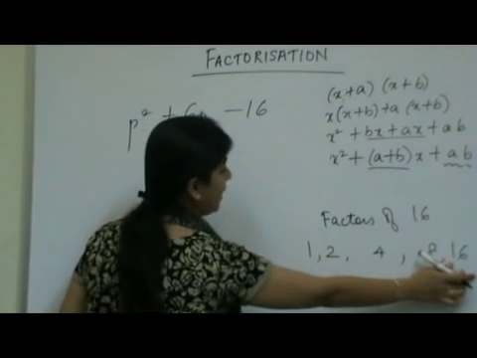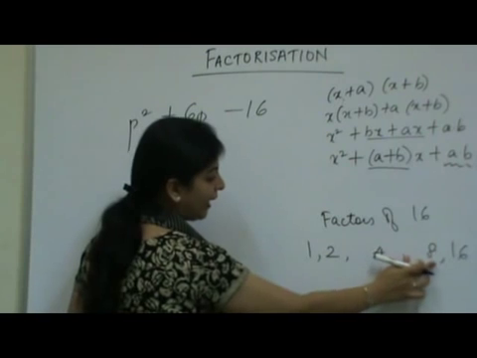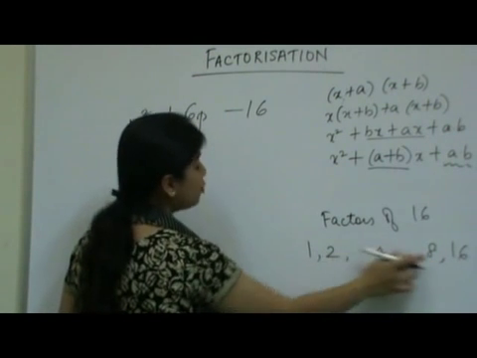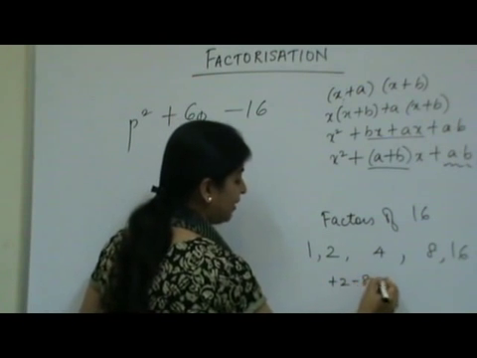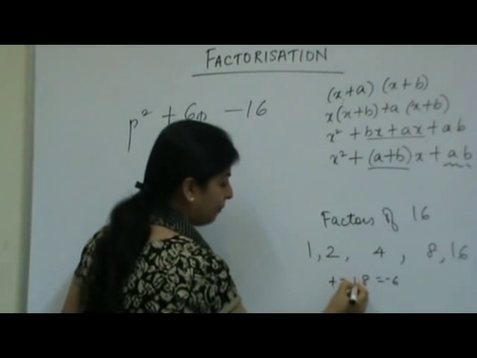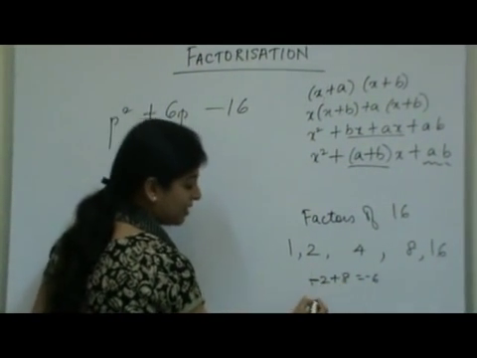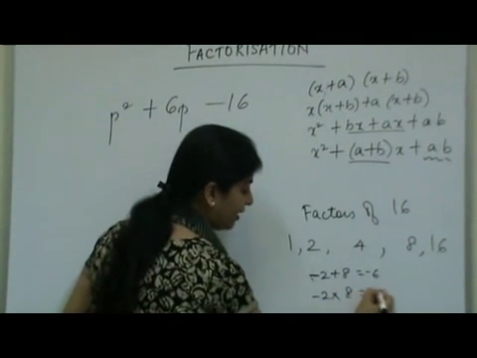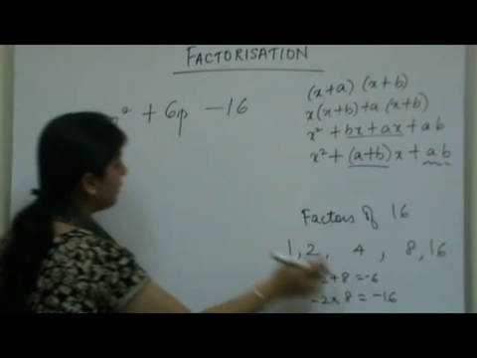Now 1 and 16 will not give you plus 6. 2 and 8: plus 2 minus 8 will give you minus 6, but we need plus 6. So it will be plus 8 minus 2. Minus 2 plus 8 gives you plus 6 and minus 2 into 8 gives you minus 16. So our a and b are minus 2 and plus 8.